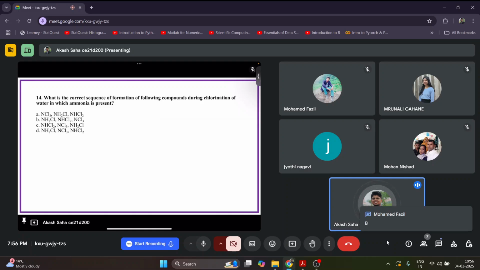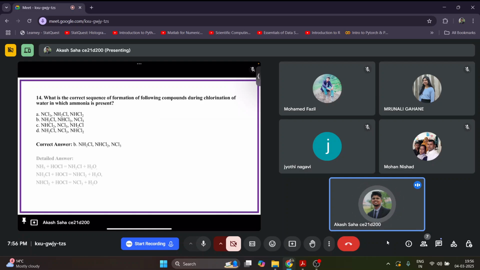First, when we mix the chlorine with the water, it will form HOCl. And if ammonia is present, at first NH2Cl forms. Then again it will react with HOCl, and NHCl2 will be formed. Then again they react with HOCl and then NCl3. So this is NH2Cl, NHCl2, and NCl3.